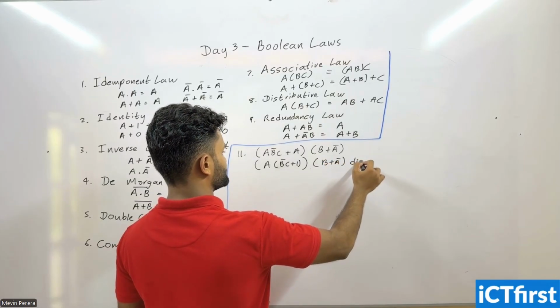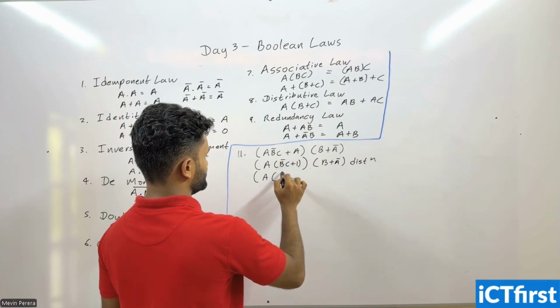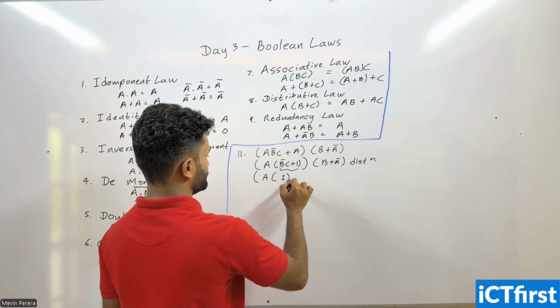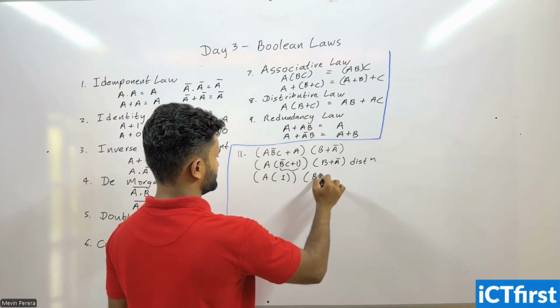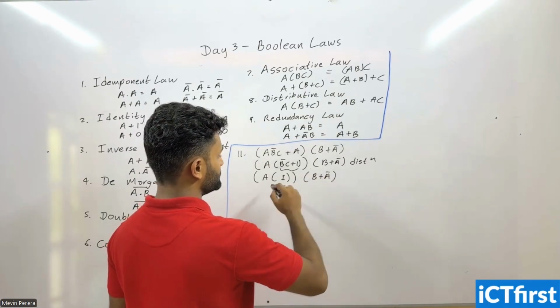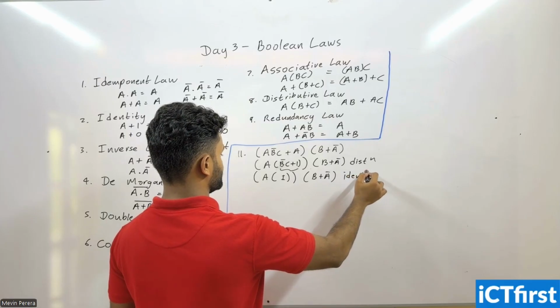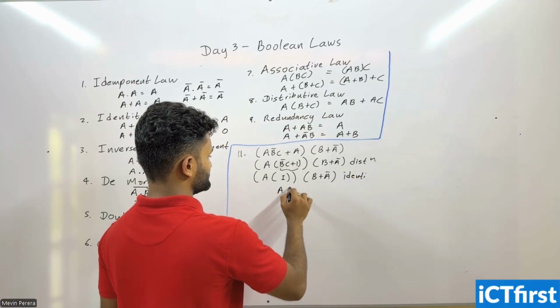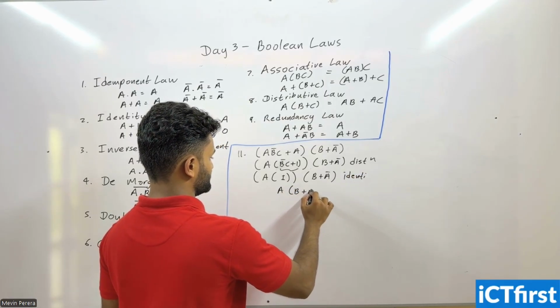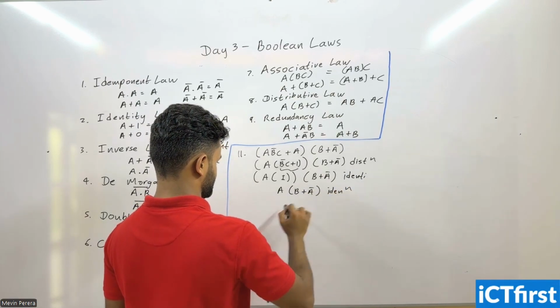So this is distributive. So this is equal to 1, right? Anything added to 1 gives 1 as the answer. So this is identity. Once again B plus A bar. That is also identity.